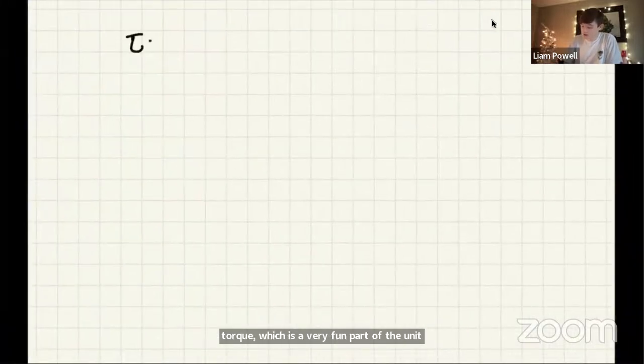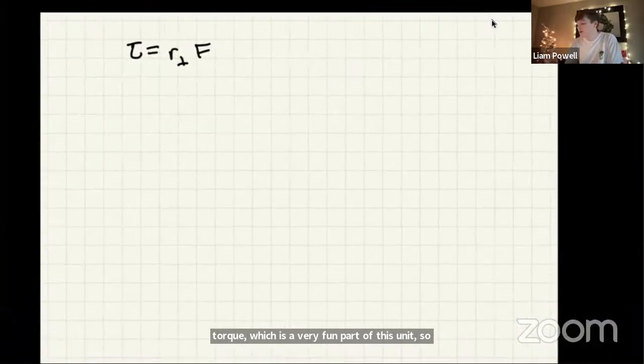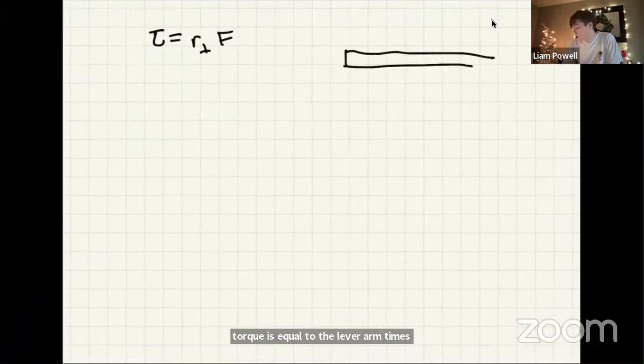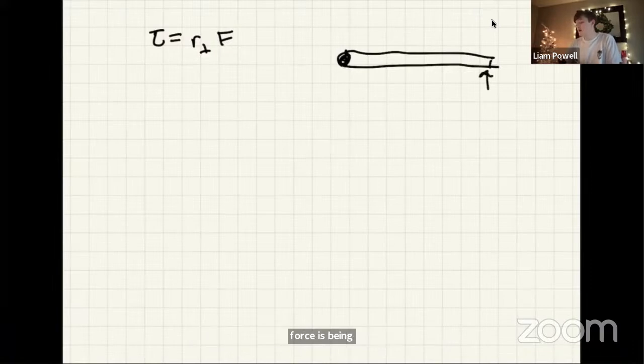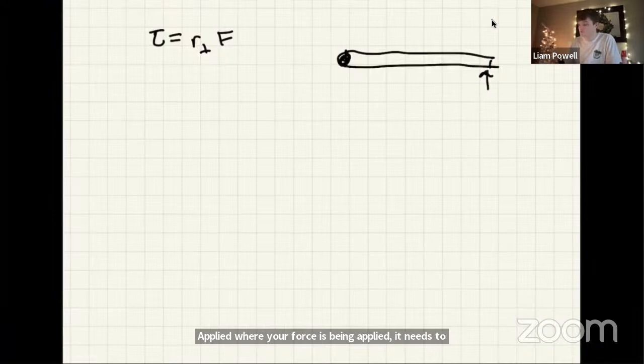Torque is equal to the lever arm times force. I can show you what the lever arm is really quickly as a review. If this is the hinge, and this is where your force is being applied, it needs to be perpendicular. It needs to have a perpendicular connection to the hinge. So your lever arm would, in this case, be the length of the door.